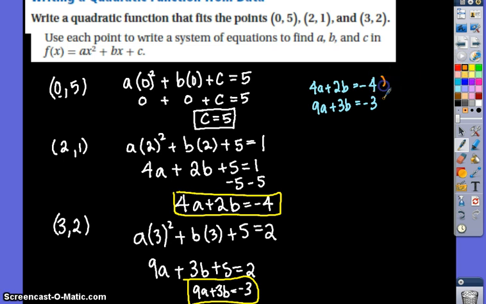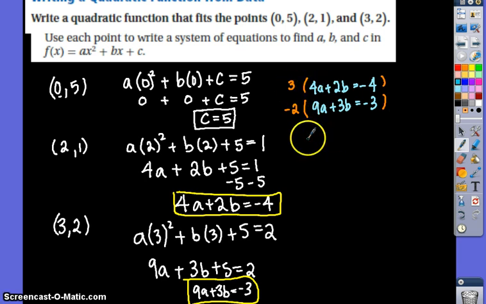And to do that, you would have to multiply this one. The common multiple of 2 and 3 would be 6. So we want one to be a 6 and one to be a negative 6. So we could multiply this one by positive 3, and then multiply this one by negative 2, and that's going to create a system which would allow some elimination to happen.